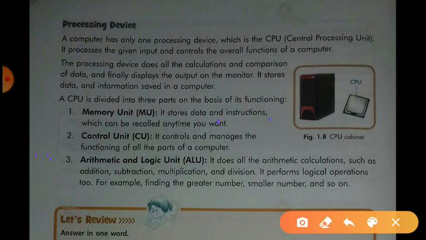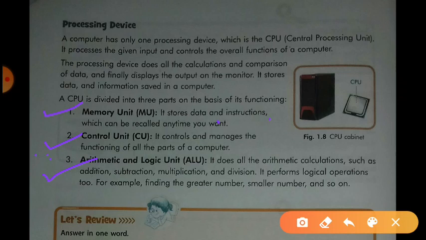Dear students, a CPU is divided into three parts on the basis of its functioning. First is memory unit, second is control unit, and third is arithmetic and logical unit. Okay students, first, the memory unit stores data and instructions which can be recalled anytime you want.